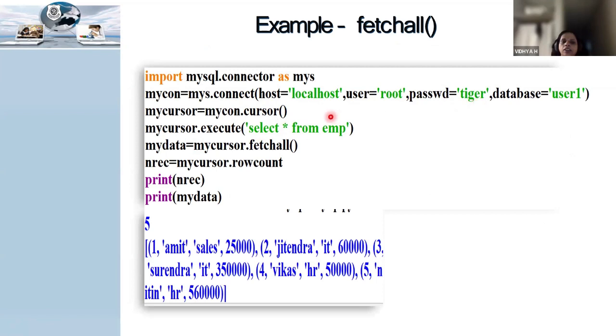I connected the cursor, and I use select asterisk from EMP, and the output comes in the form of a list of tuples.